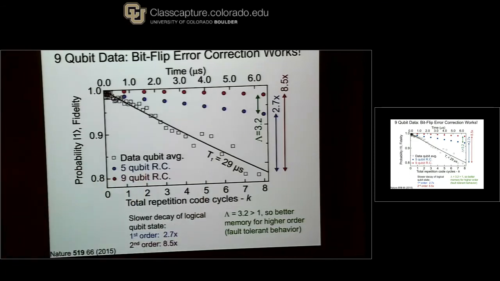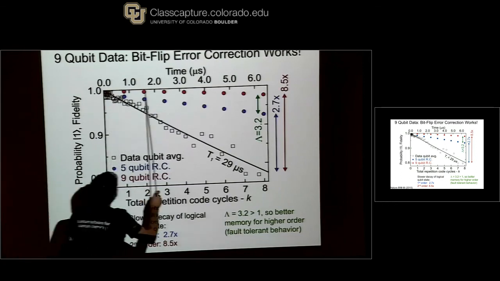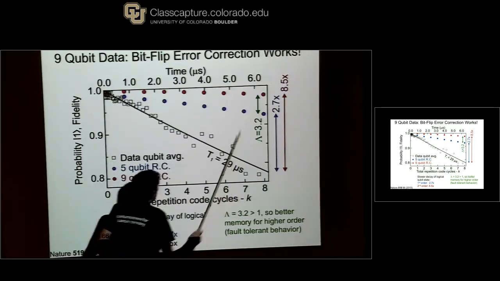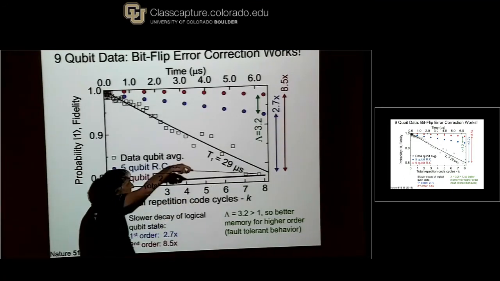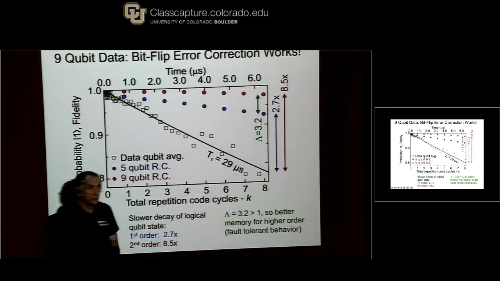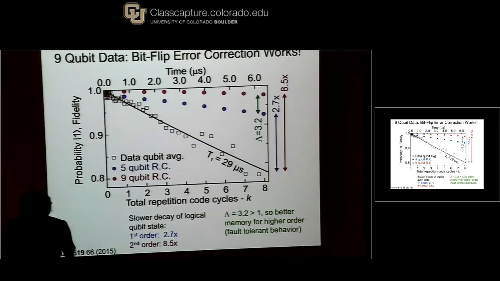And if you have 9 qubits, so that you can correctly detect both single and 2 errors at the same time, you get an even lower decay of the state down to here. And you see, as you make the system bigger, it's getting better and better, so that you know that you're better than the threshold and everything's working right.